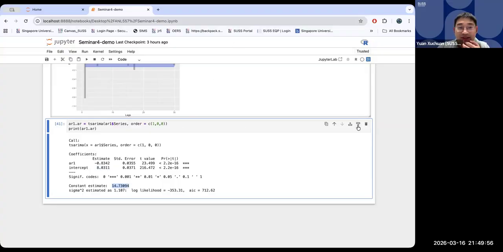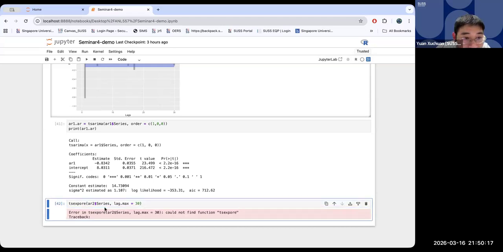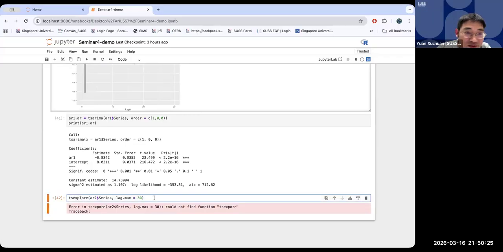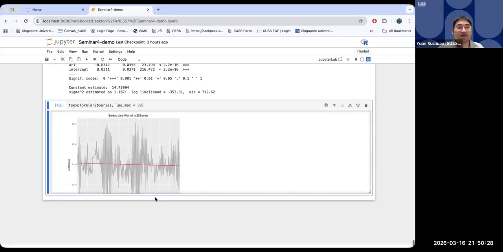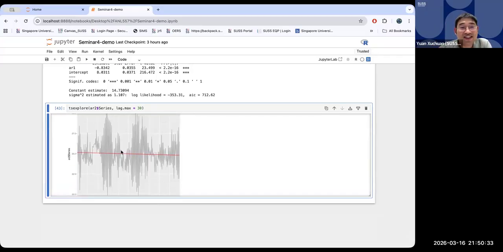Similarly, let's look at the AR2 time series. If you look at this time series, there seems to be volatility clustering.